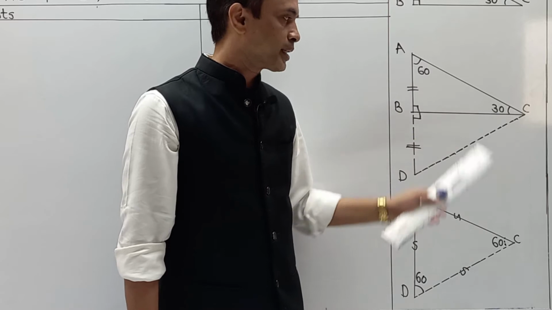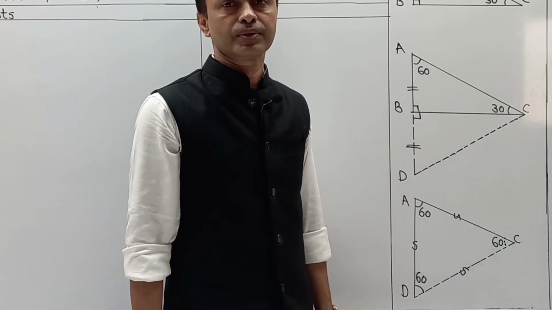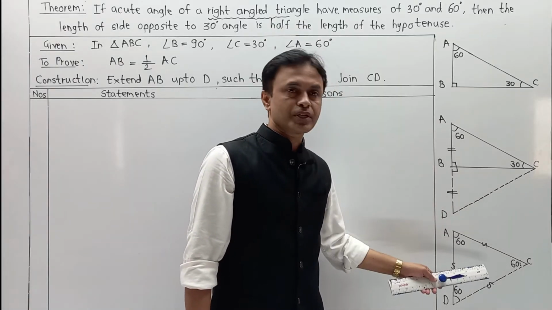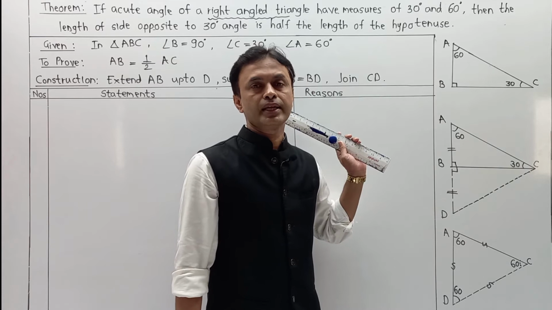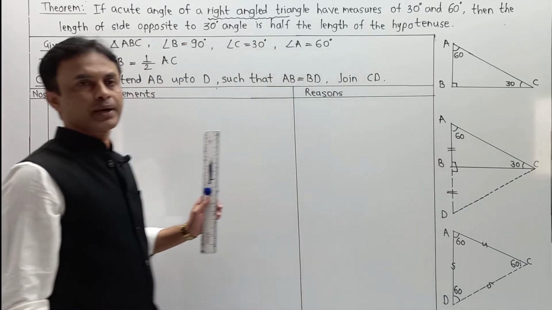Now, whatever part I have described over here, I am going to write it over there. So, please pay attention. Whatever description we have done over here, we are going to write in the form of number, statement, reason.